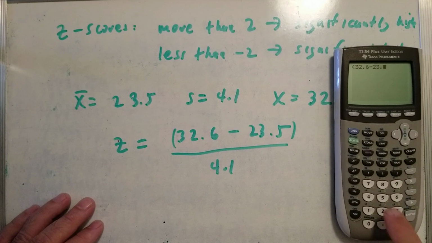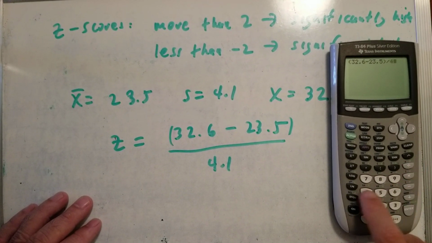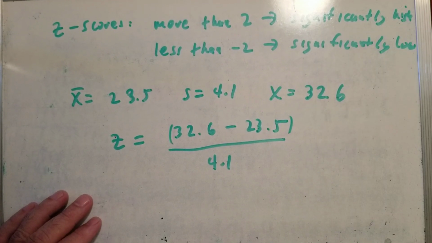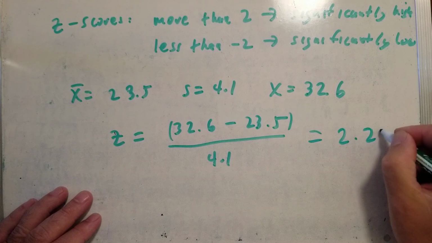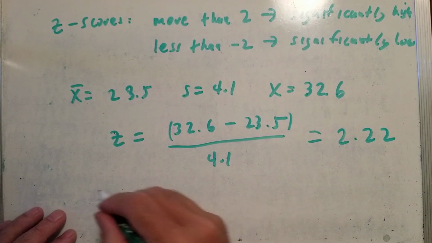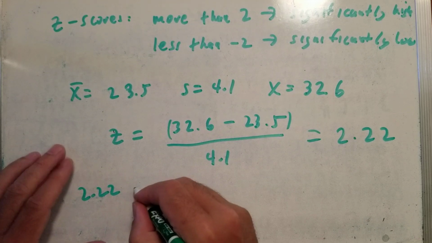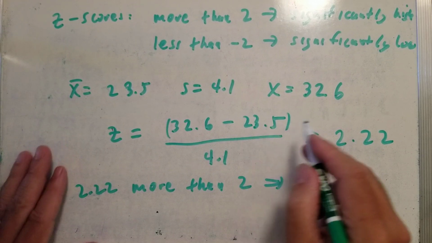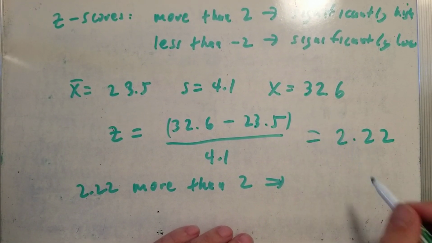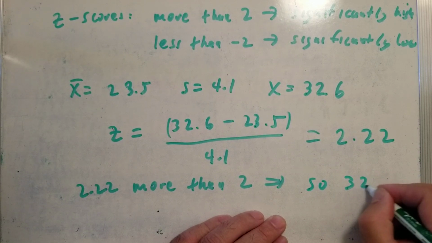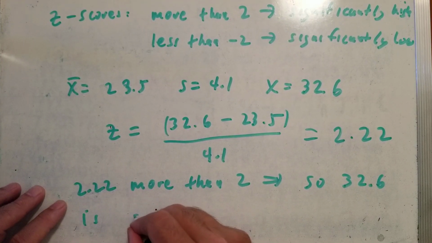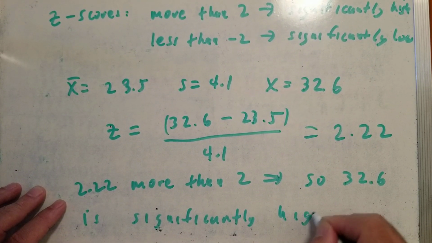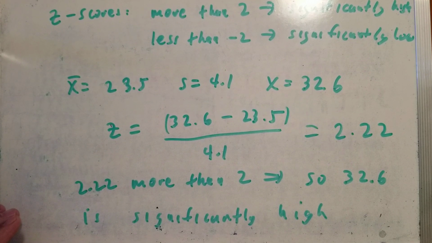That comes out to 2.22 rounded to 2 decimal places. Because 2.22 is more than 2, the data value 32.6 is significantly high, with its z-score greater than 2.